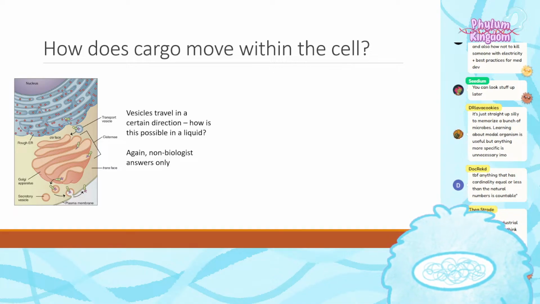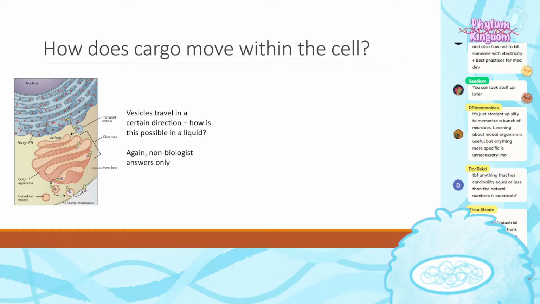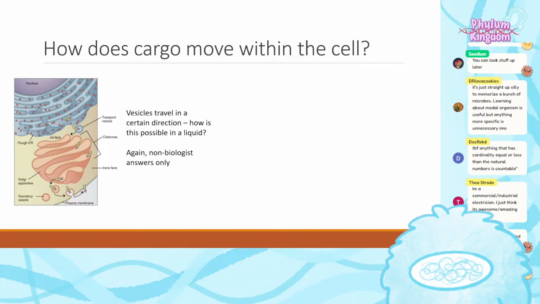And then there's also a separate pathway that goes in reverse, from the membrane back into the cell. But how does the cargo know where to go? The proteins have a certain hook to them that enables them to be placed in the correct bin for sorting, but how do they actually get to their final location?